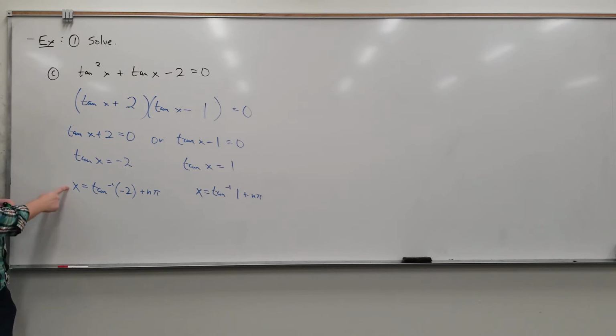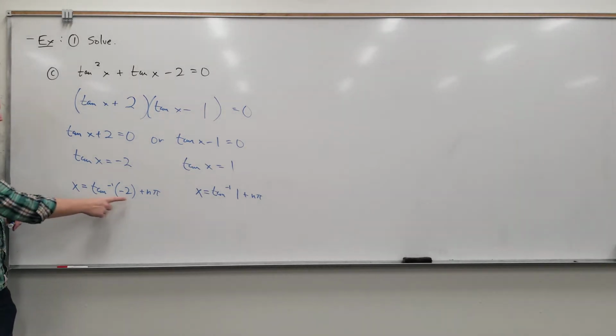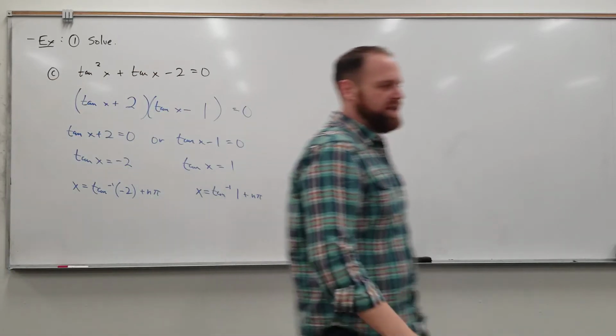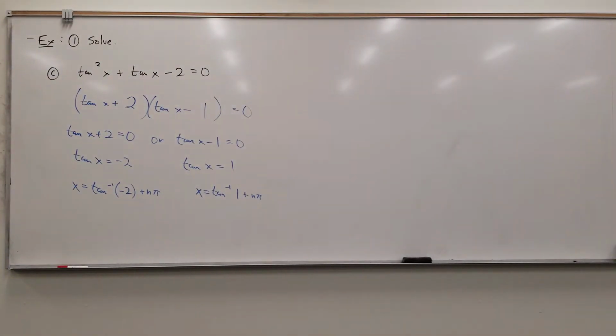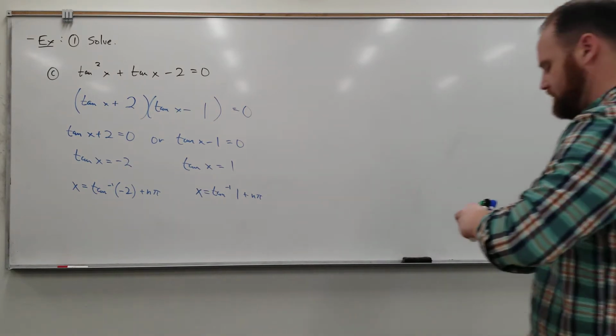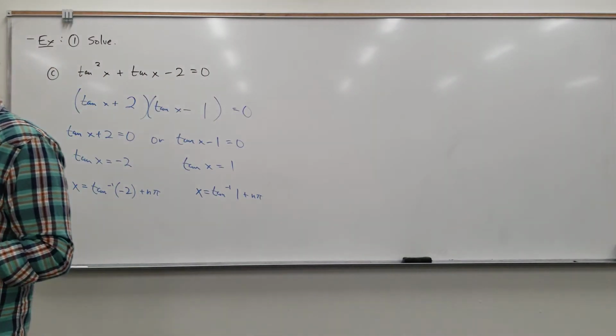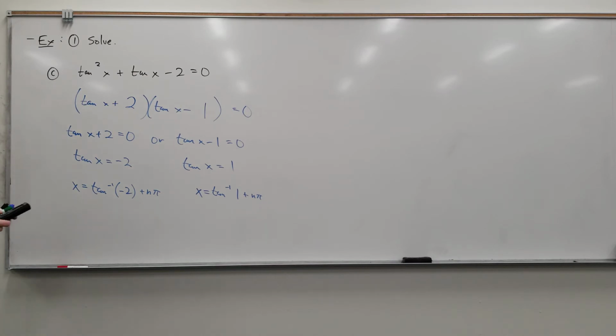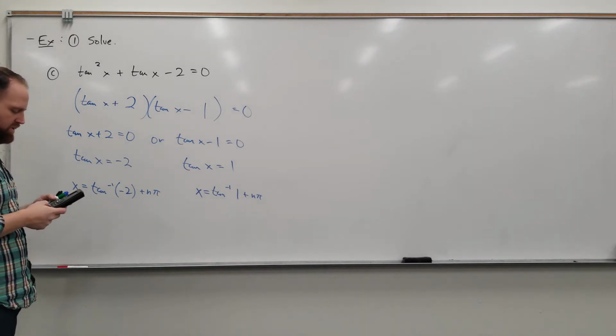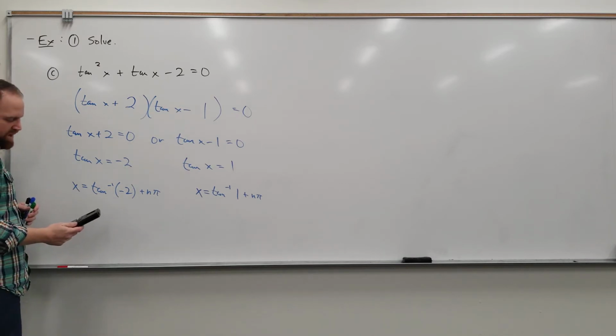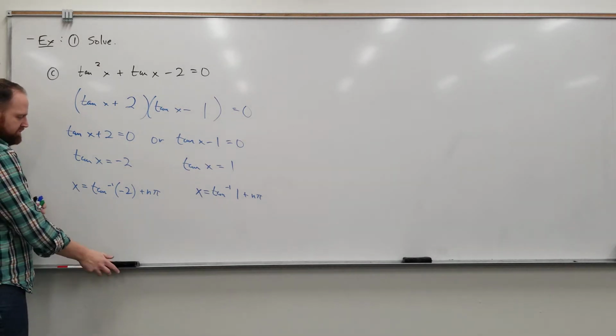Okay, now here I think we have to use our calculators because I'm not sure that we have this value memorized. So you're going to have to use your calculator to figure out what tangent inverse of negative 2 is. Let me pull out my calculator. So let's see, tangent inverse of negative 2 is about negative 1.107.